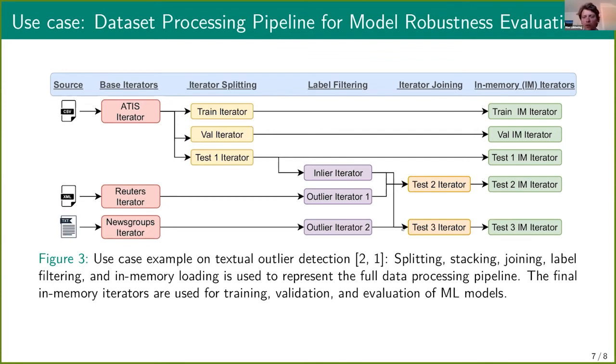And this is how we can then actually evaluate our model robustness, because we can see, for instance, how certain our model is on outliers. And normally what we expect from a model is to be highly uncertain on those outlier samples. And this is what we can measure here.